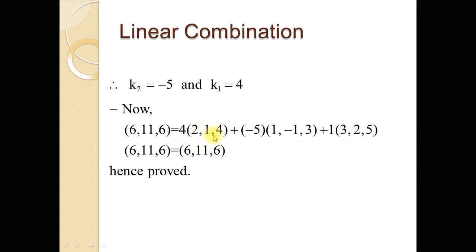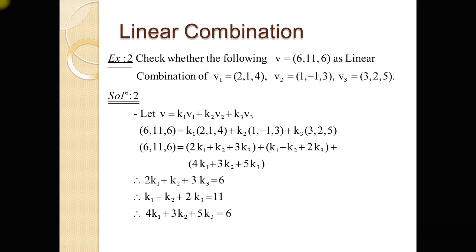Now 4 1s are 4 plus 5 is 9, and 2 1s are 2, 9 plus 2 is 11. And the last component, 4 4s are 16, 16 minus 15 is 1, and 5 1s are 5, 5 plus 1 is equal to 6. So V is a linear combination of the vectors V1, V2 and V3.